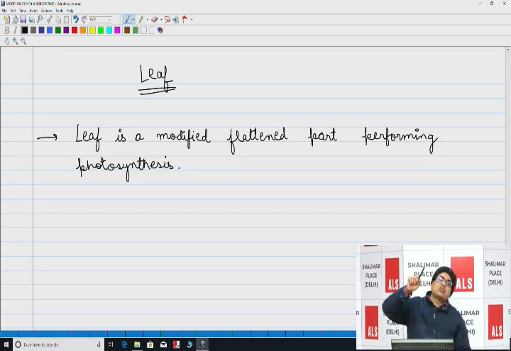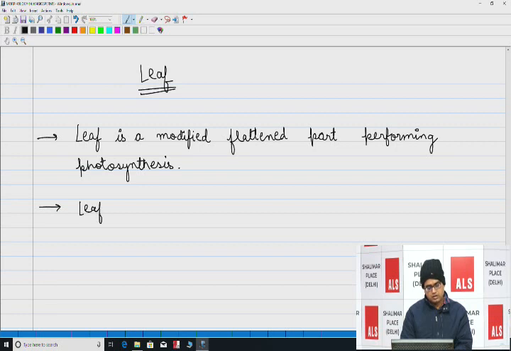The network of veins that is found in the leaf. Okay. So that becomes a totally different question. So let us do that quickly. Leaf can be of many types based on the type of criteria.